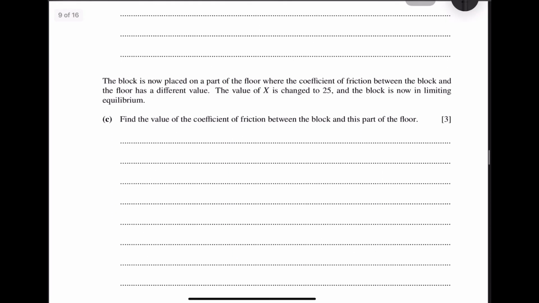Okay, now the block is placed on a part of the floor where the coefficient of friction between the block and the floor has a different value. The value of x is changed to 25 and the block is now in limiting equilibrium. Find the coefficient of friction between the block and this part of the floor.